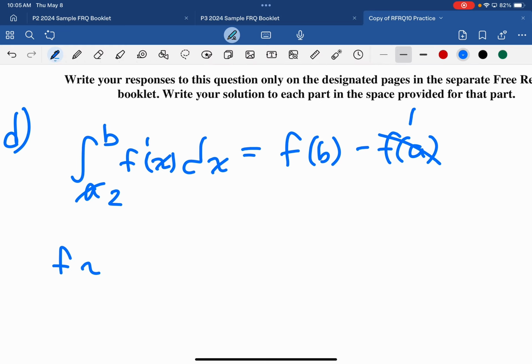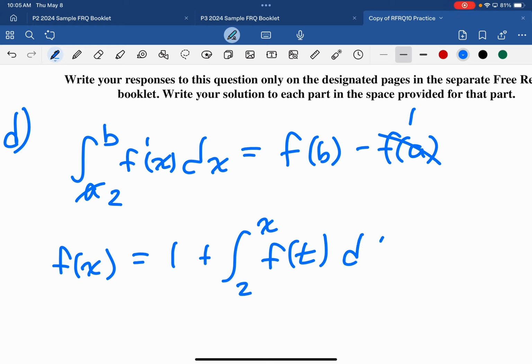Okay, so now I can write this. I can say f of x equals 1 plus the integral from 2 to x of f prime of t. I'm using t instead of x now because I'm using x to define this function. Does everybody see how I got that?